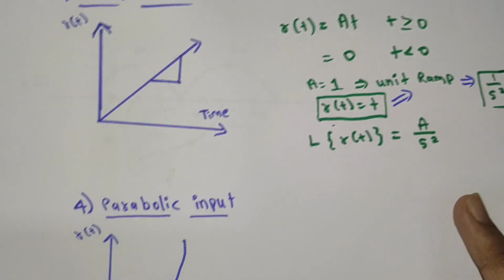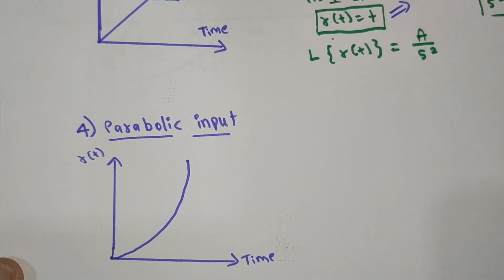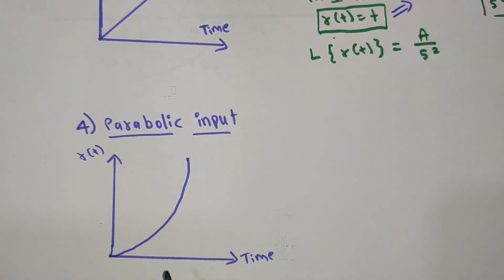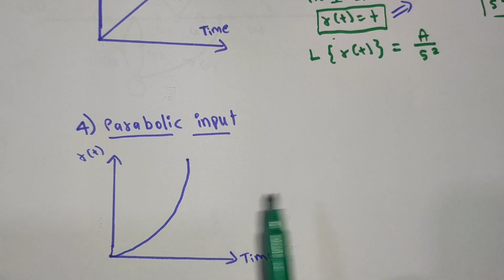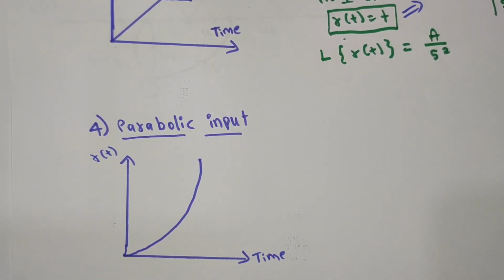Now let's see the parabolic input. Now what happens in a parabolic input? It is an increasing input. Now to understand the parabolic input, you can take it as: rate of change of velocity is acceleration, that we all know, and that acceleration is the parabolic input.